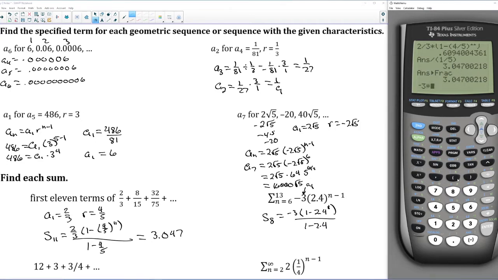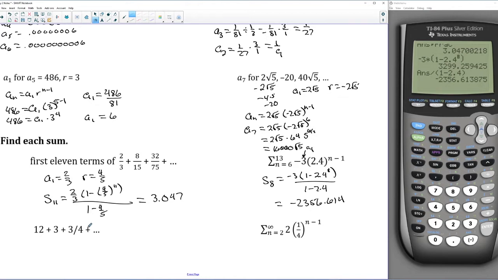So negative 3 times 1 minus 2.4 to the 8th, and then divided by 1 minus 2.4. So that's equal to negative 2356.614 rounded.